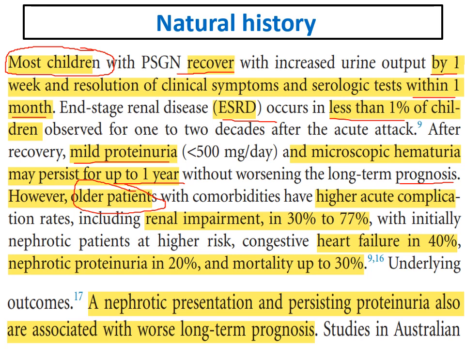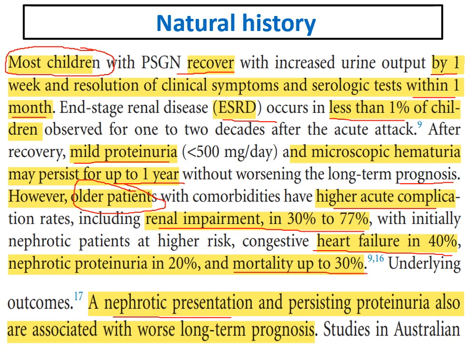What about adults? Adults are usually much more at risk and have higher acute complications and persistent renal impairment in 30 to 70% of patients, especially patients with nephrotic range proteinuria, and congestive heart failure in 40%, and slightly higher mortality.